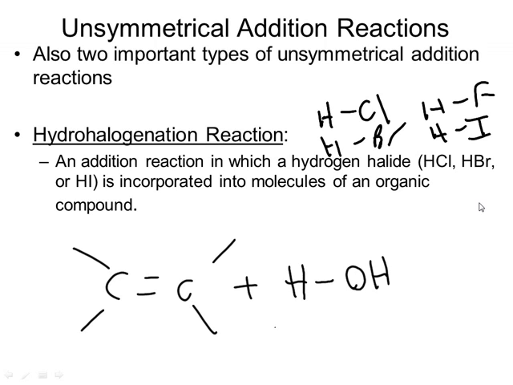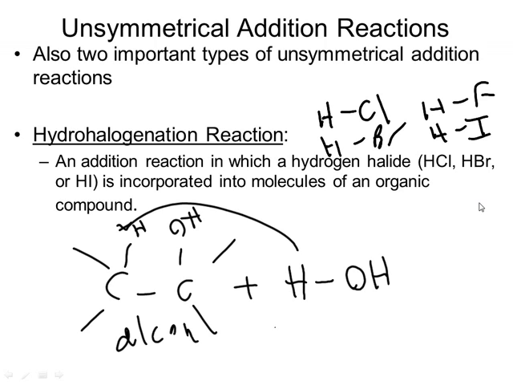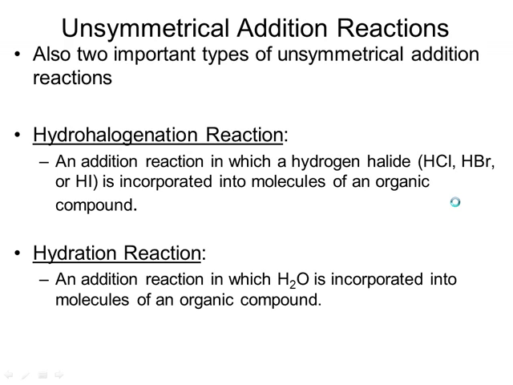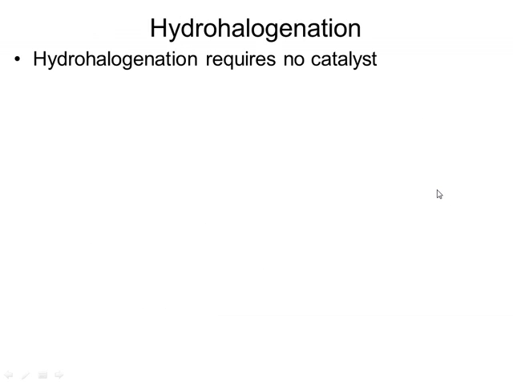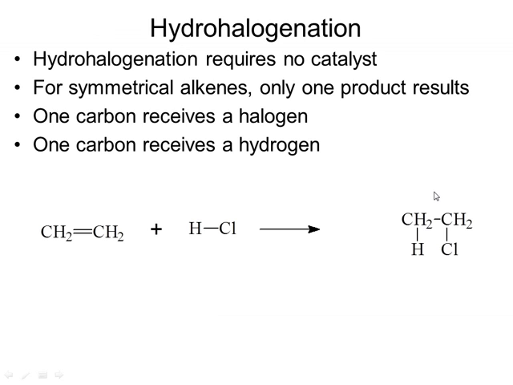So one of these is going to get a hydrogen, and the other one's going to get an OH. And this actually makes what's called an alcohol, which is what we'll talk about next chapter in Chapter 14. So we add water to the compound. Hydrohalogenation requires no catalyst. One carbon receives a hydrogen, one receives a chlorine.